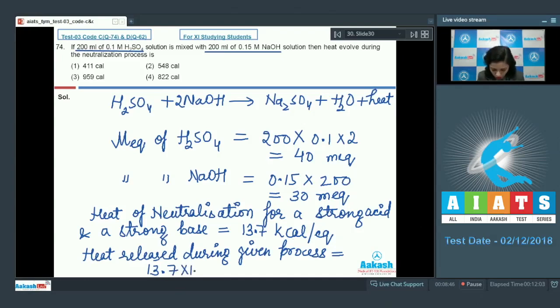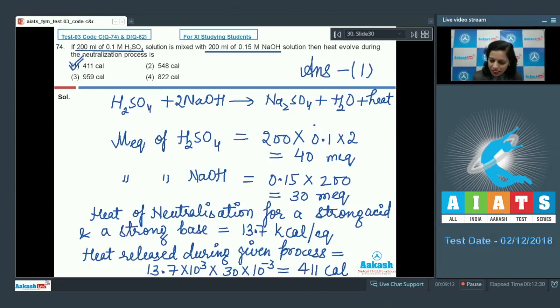Let's change it into calorie, into the equivalents, those are 30 into 10 raised to the power minus 3. And if you solve this for the value of heat released, you will find out it is 411 calorie. Where is this answer given? It's given in option 1. So you can easily choose option 1 as the correct option.